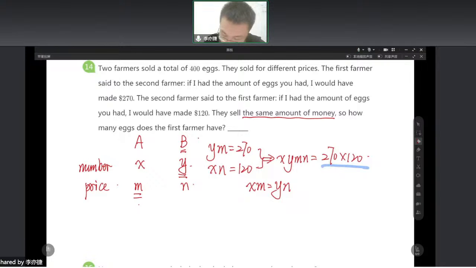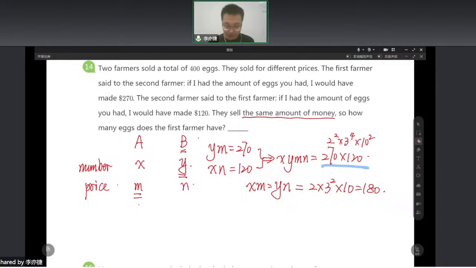This is 3 to the power of 3 times 10, and maybe just a 10 to be easy, so 2 squared times 3 times 10. Which makes it 2 squared, 3 to the power of 4, and 10 to the power of 2. Yeah, this is not a prime factorization, but it makes it easier. So xm and yn then equal 2 times 3 squared times 10, which is 180, right? So now we get that xm and yn equal 180.